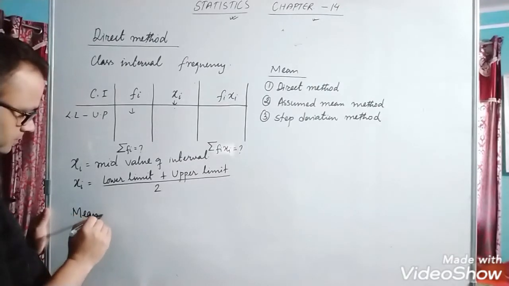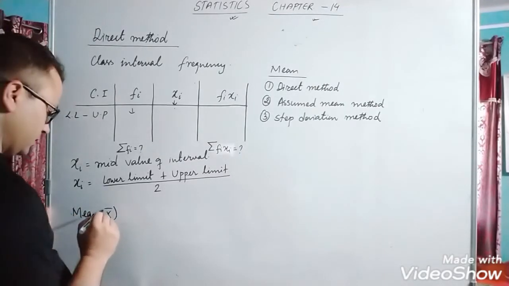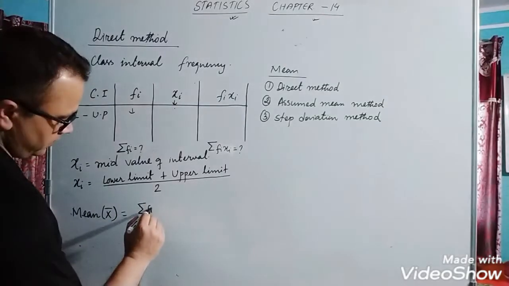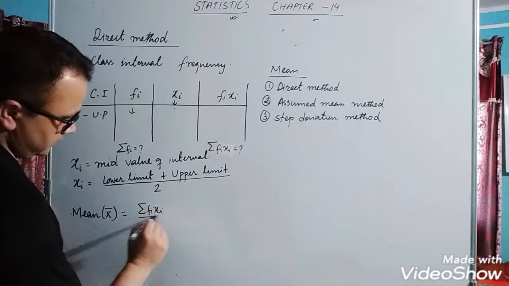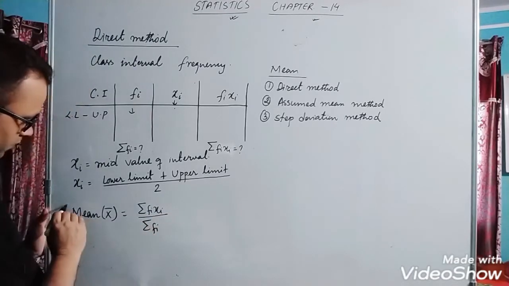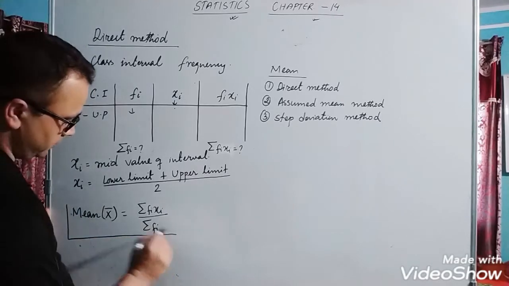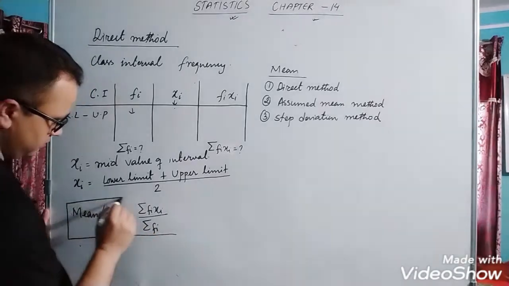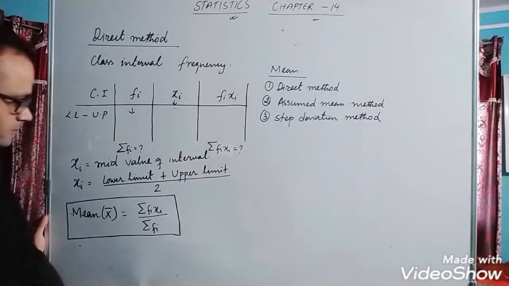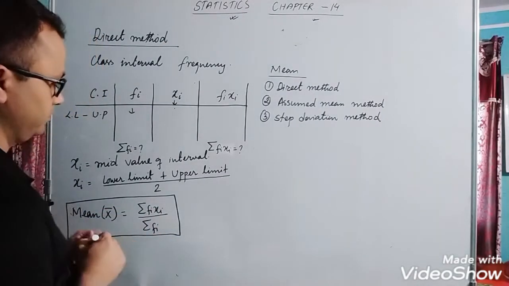Therefore, mean x bar equals summation fi xi divided by summation fi. This is the formula of mean by the direct method.